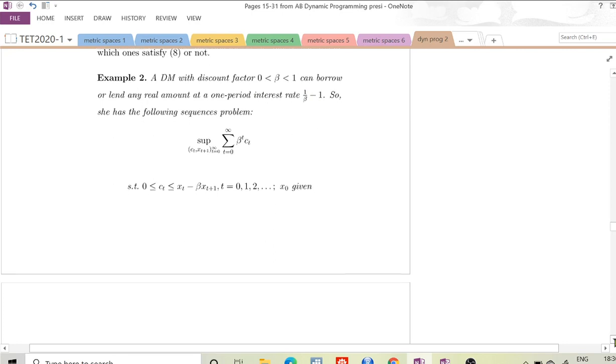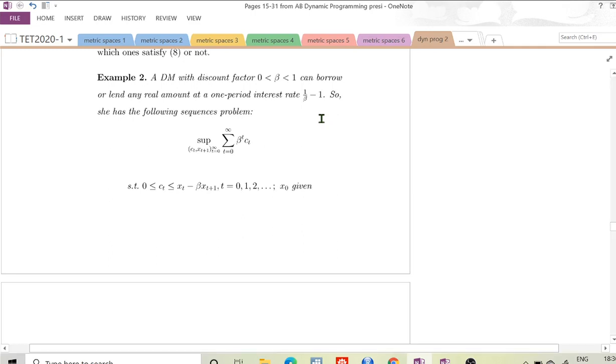So what it's saying is that if I lend 1 to you, then I'll get back 1 by beta tomorrow, which is greater than 1. And if I borrow 1, then I owe you 1 by beta tomorrow.